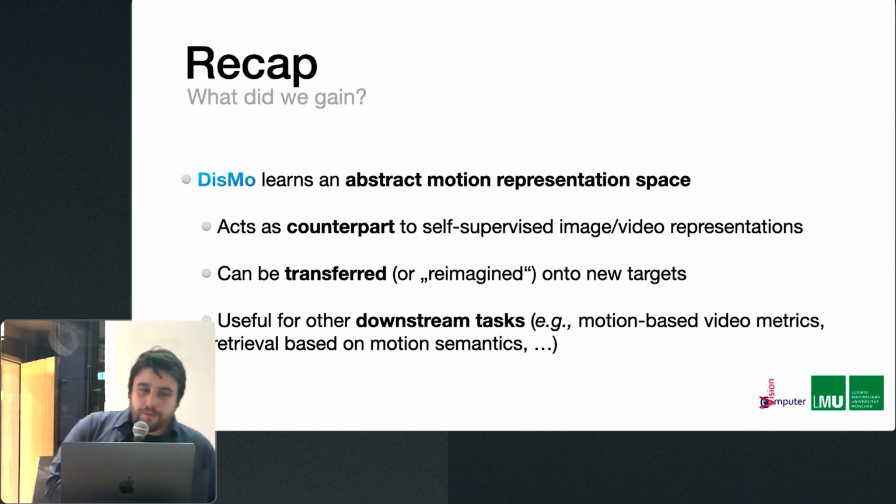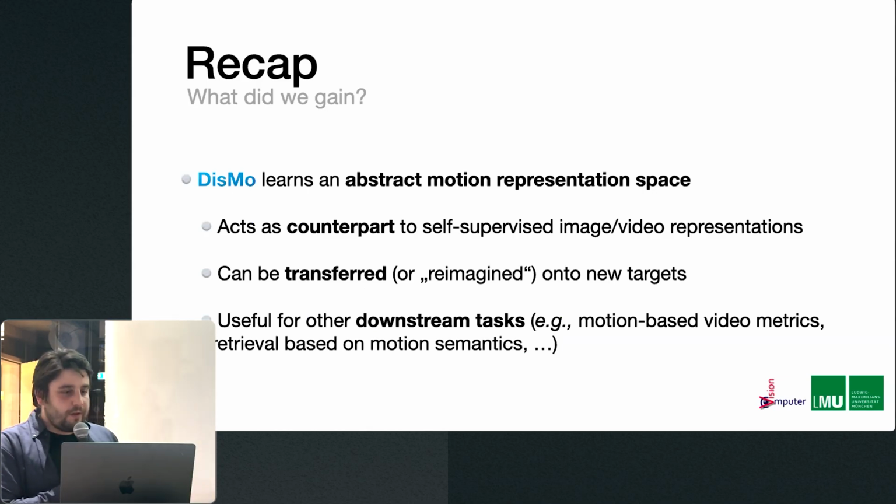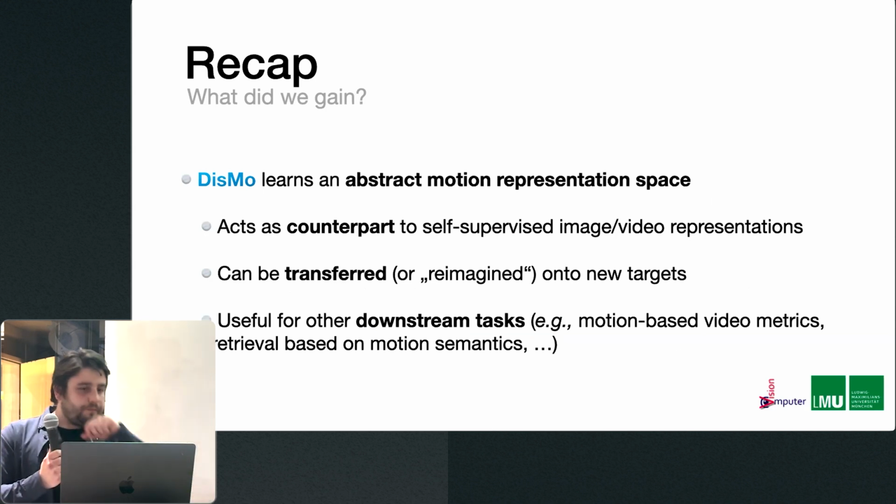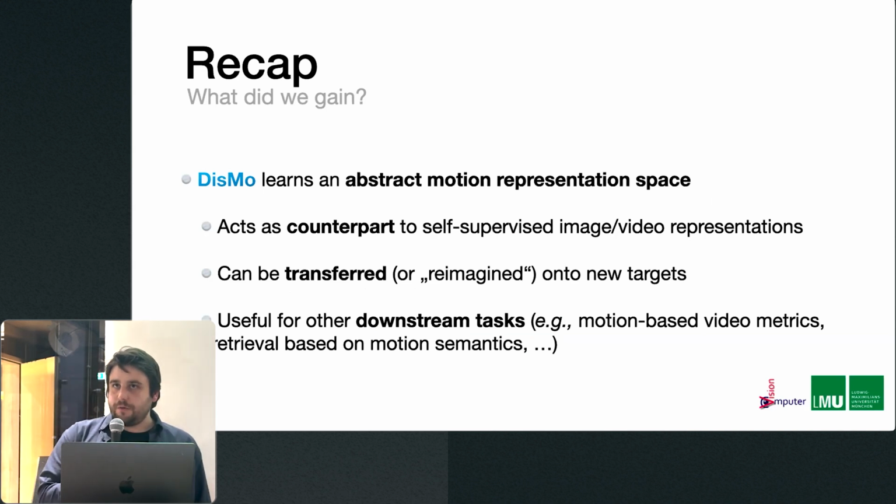So as a recap, what do we have now? We introduced DisMo that learns an abstract motion representation space. We used it for motion transfer.